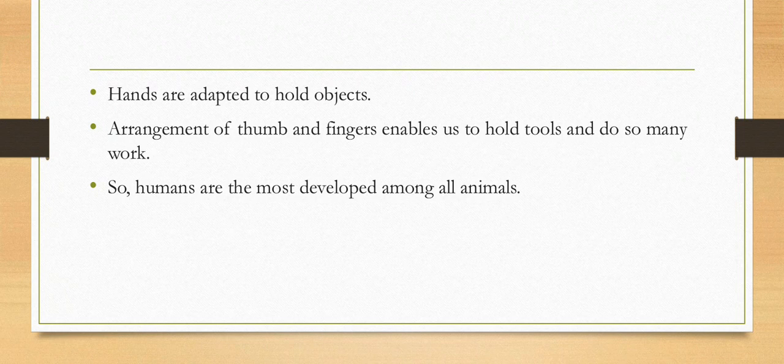They are arranged in such a way that we can hold things very easily. So from this we can say that humans are the most developed among all animals, because of this arrangement in our body.